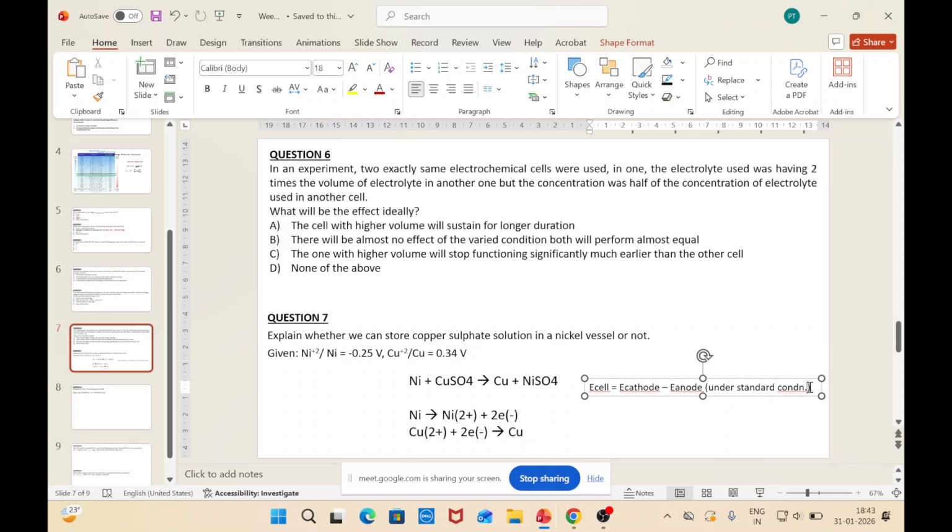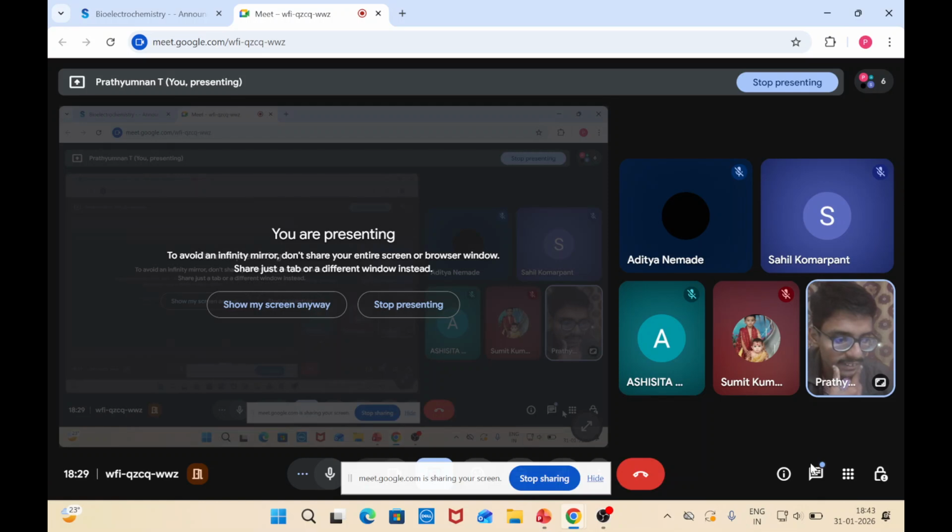E cathode is known. So can you calculate the voltage of the cell, or the EMF of the cell? Based on that value, you can easily tell whether I can go for this experiment on storing copper sulfate in a nickel vessel or not.